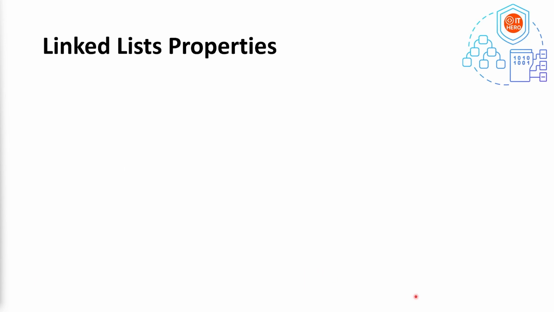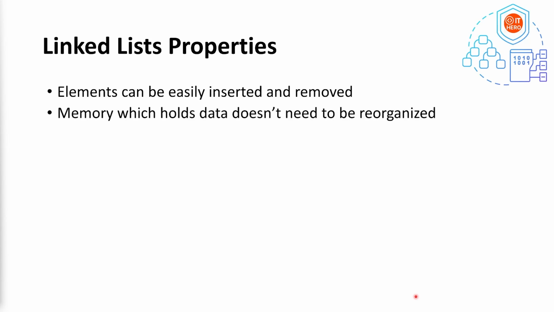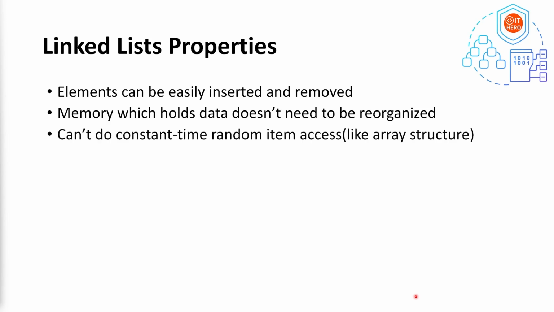So some properties of linked lists. Elements can be easily inserted and removed. We just manipulate the pointer where we want to insert this element. The memory which holds the data doesn't need to be reorganized like for arrays. But we can't do constant time random item access like for arrays.